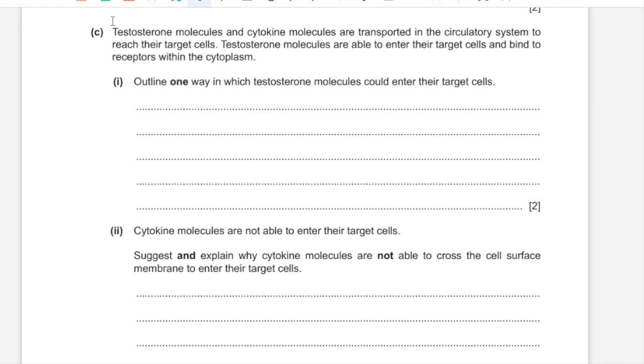Testosterone molecules are hydrophobic in nature, and that means they would be soluble in the hydrophobic interior of the cell surface membrane. Therefore, they do not need any transport protein molecules, so their mode of transport would be simple diffusion without using any proteins from an area of higher concentration to an area of lower concentration.